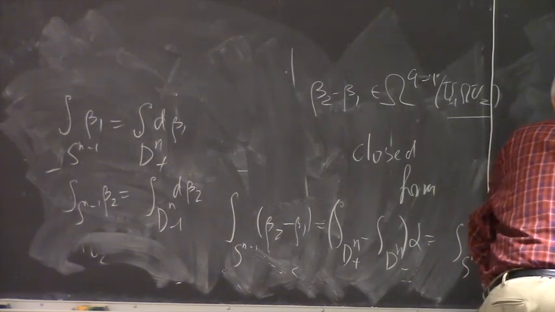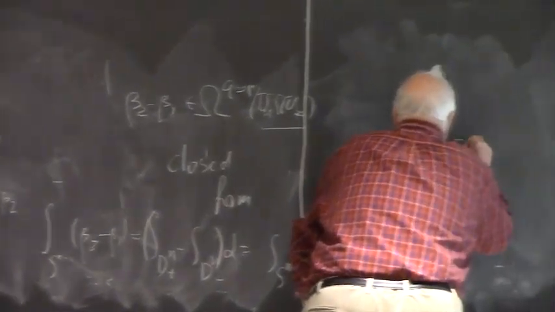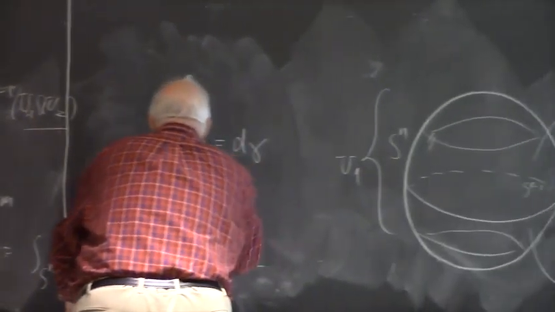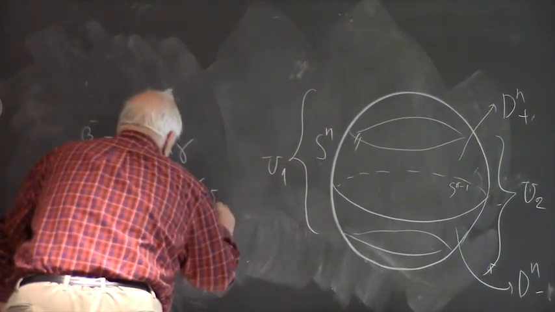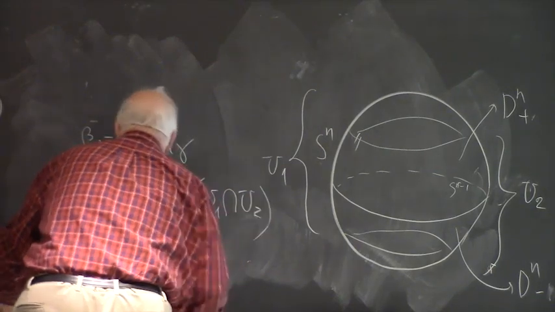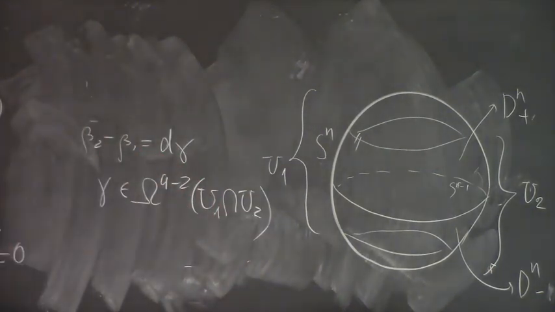So beta 2 minus beta 1 is d gamma, where gamma is a form of degree q minus 2. You should realize that in principle q could be 1.